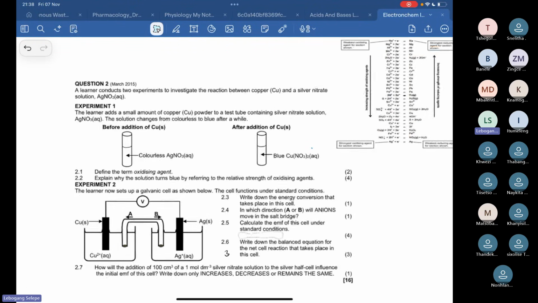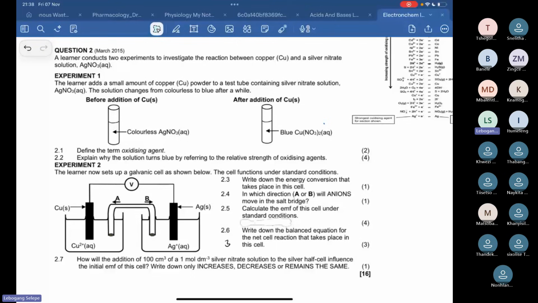All right, so here we are given that a learner conducts two experiments to investigate the reaction between copper and silver nitrate solution. Here's the first experiment. The learner adds a small amount of copper powder into a test tube containing silver nitrate solution.